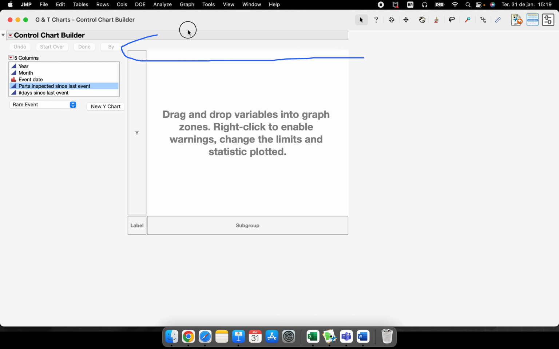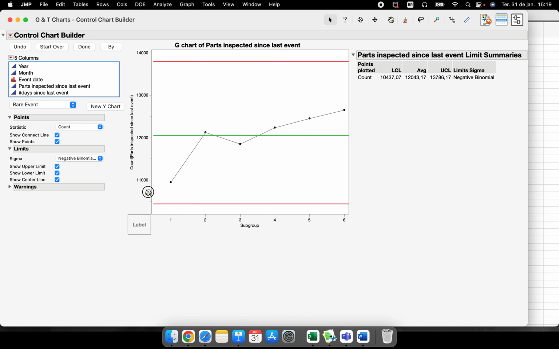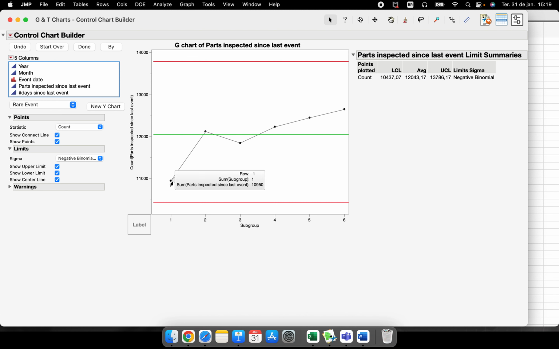We don't have anymore here the phase part, for example. We just will select here the parts inspected since last event, and I will have the G chart. The G chart will talk about how many parts you have been inspecting between the events.